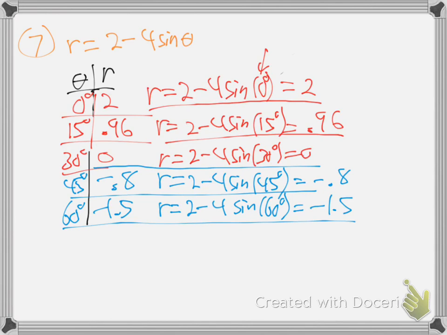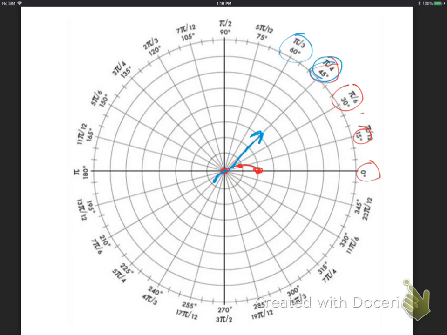Y'all getting that? So aimed at 60, aimed up here, backfires 1.5 to here. So it moved to there. Y'all seeing that? See how I find the backfire? See how I find what's backwards?